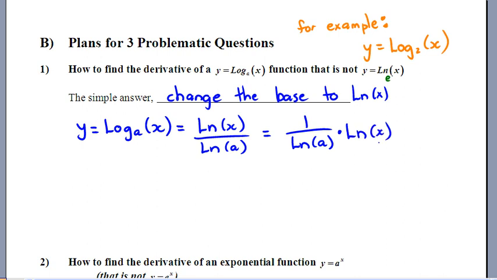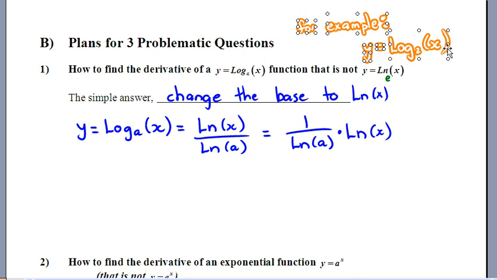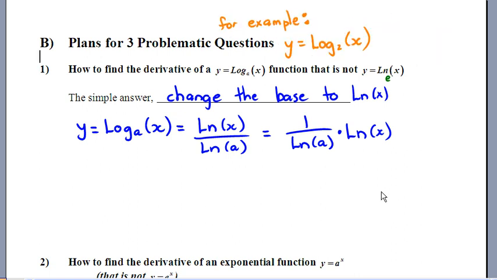So with this log base 2 of x, I could say, you know what, I don't like that. I'm going to write it as 1 over the ln of 2, that's just a number, multiplied by ln of x.